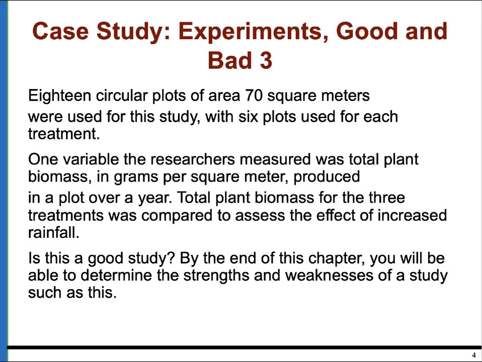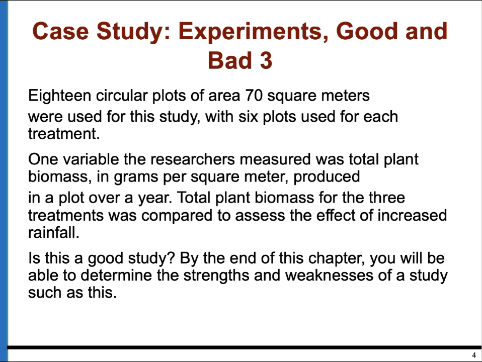The way that they measured this was by looking at the total plant biomass. Basically, how much plant material did they have at the end of the study. They looked at the total biomass for the 3 treatments and they compared across the fields. So theoretically, all of the fields were exactly the same except for the amount of rainfall.